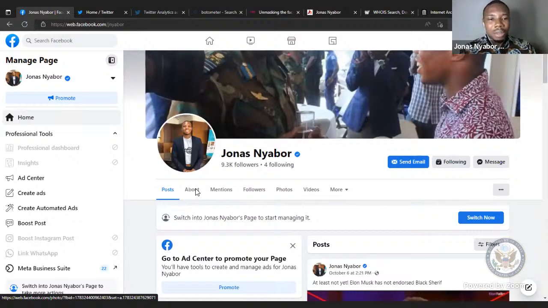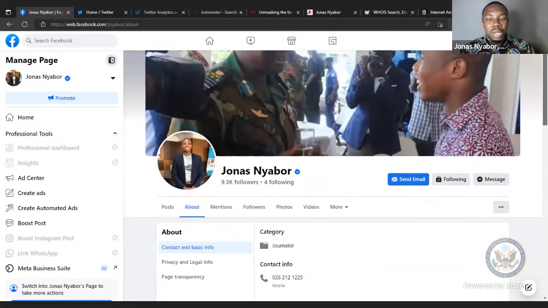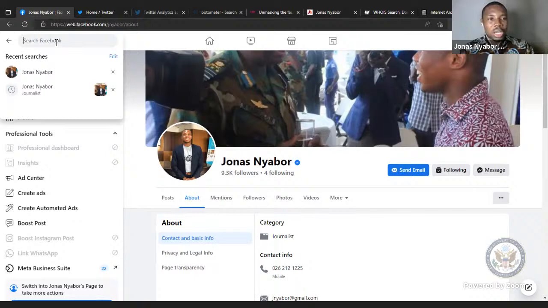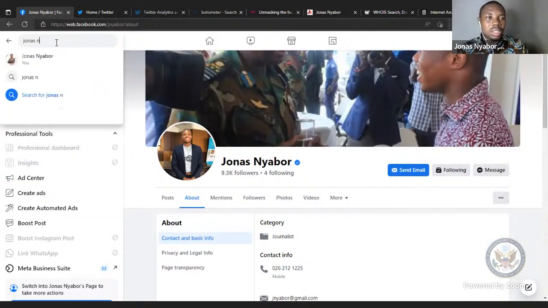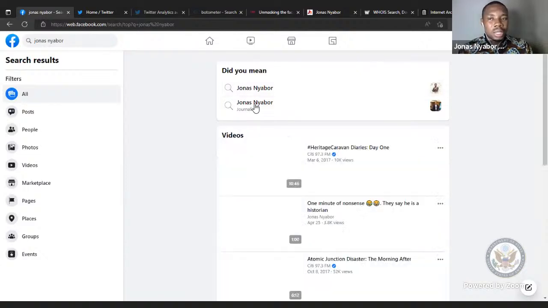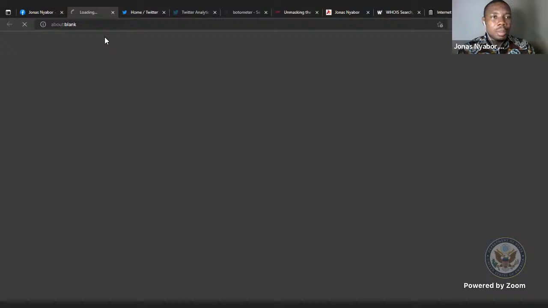You would navigate to the about section of the page. It's the same process if you are doing it on your phone as well. You open the Facebook page, you can use the search section, and after you select the page, then you go to the about section.